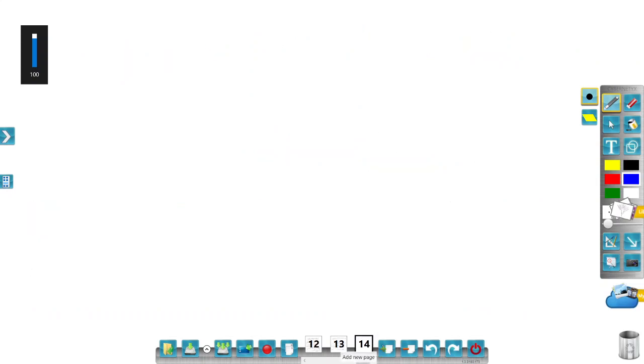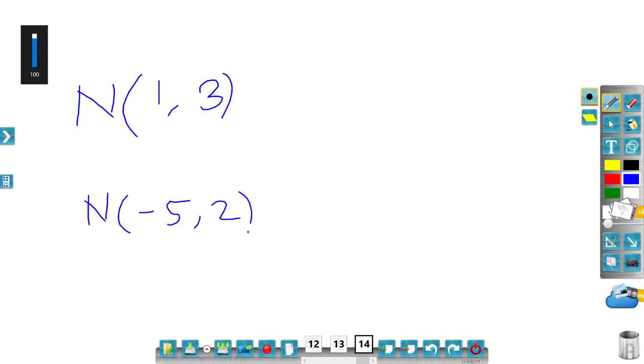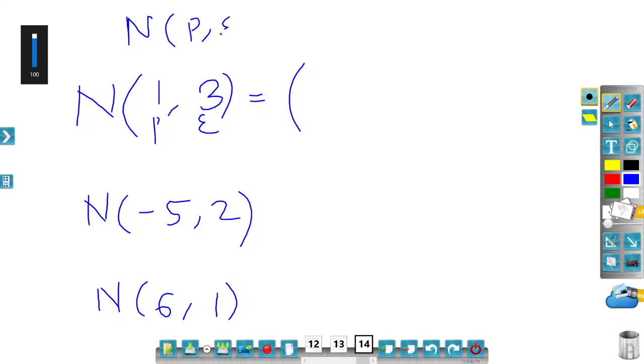So if somebody asks you to evaluate N(1, 3), N(-5, 2), N(6, 1), this is my p and this is my epsilon. As per the definition, N(p, epsilon) is nothing but (p minus epsilon, p plus epsilon) straight away.